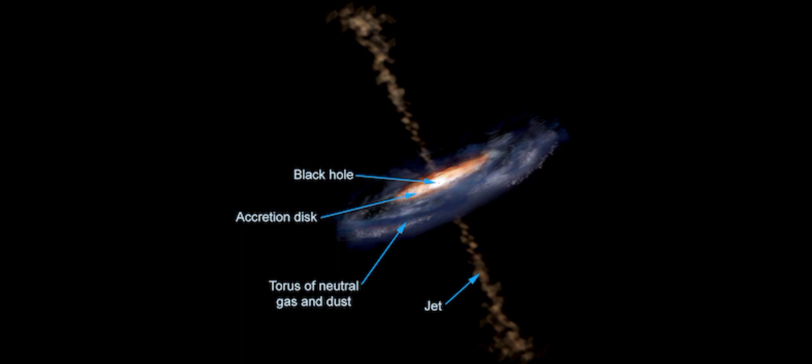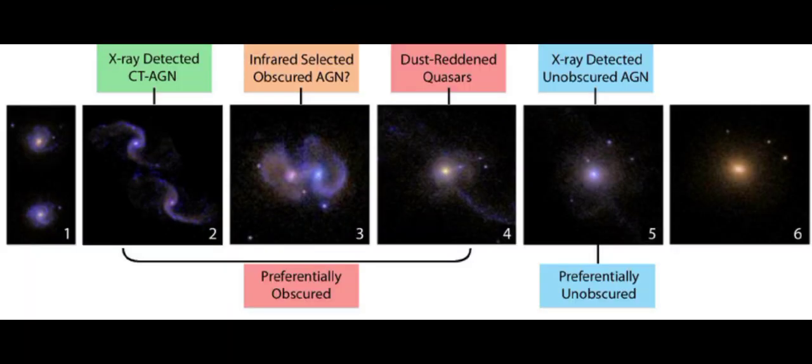As the material falls toward the black hole, angular momentum will cause it to spiral in and form a disk. This disk, called an accretion disk, heats up due to gravitational and frictional forces at work. Models of active galaxies also include a region of cold gas and dust.